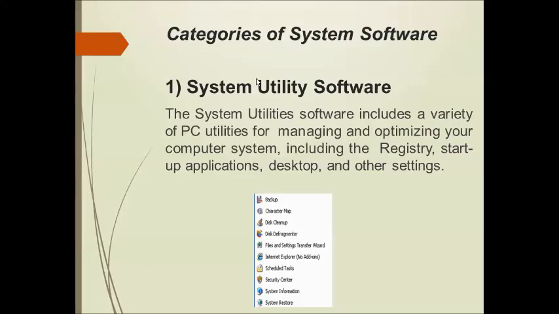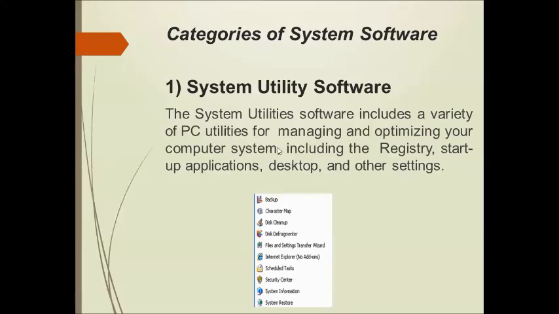So minamanage niya yung buong computer system, including the registry, startup application, desktop, and other settings. The software in this category may clean your local drives, create backups, so ito yung mga ginagawa ng system utility, and recover lost files, improve system performance, securely delete documents, and monitor your hardware. So that is the first category.